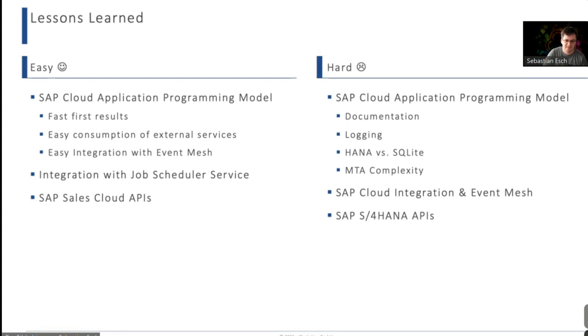Stuff that can be a little bit hard on the cloud application programming model side is documentation. I mean, the documentation is growing and it gets more and more detailed. But for example, for the not officially yet released topics like event messaging and logging, there's just nothing there.